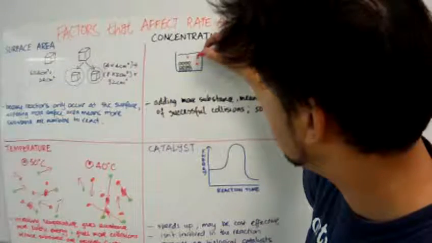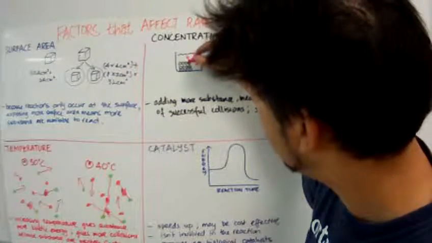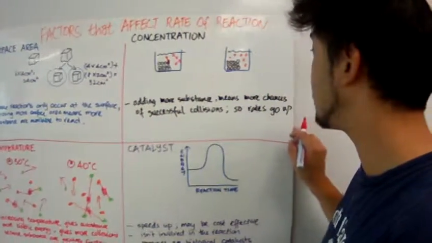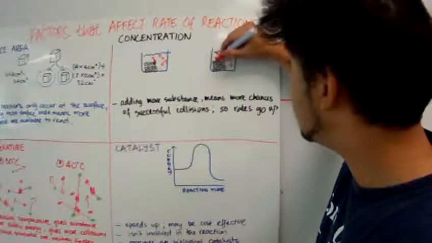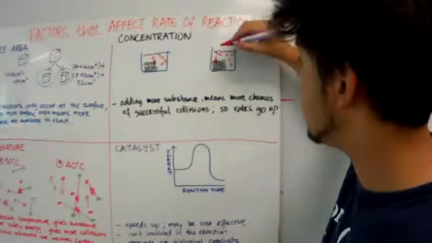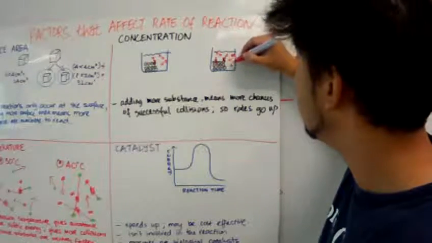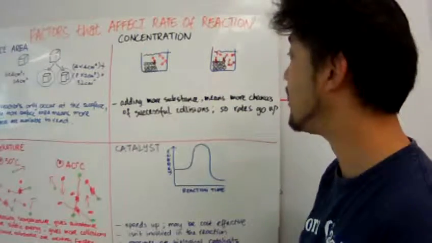But they're going to move up, collide, and then one of them is going to, boom, react. But when you double the concentration, some of them are still going to move in random directions, but boom, you get a successful reaction, and then boom, another successful reaction. And you're going to have random motions. Okay?